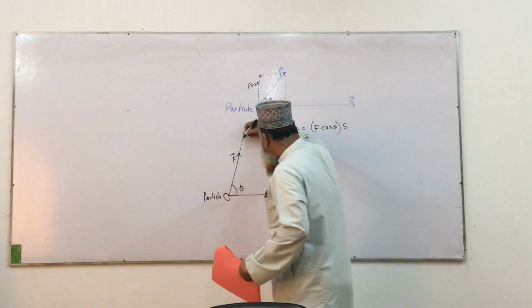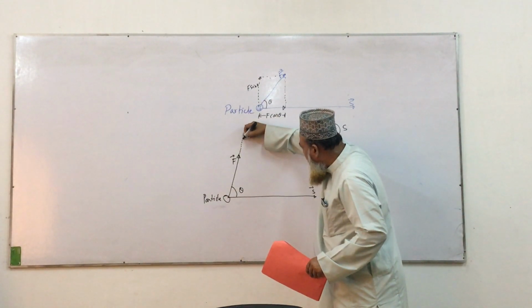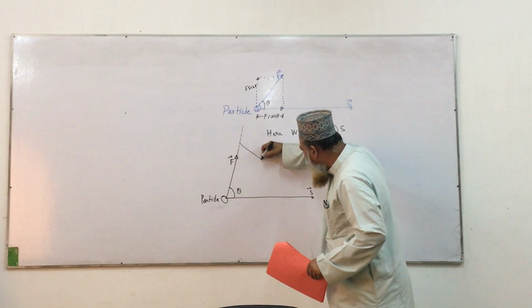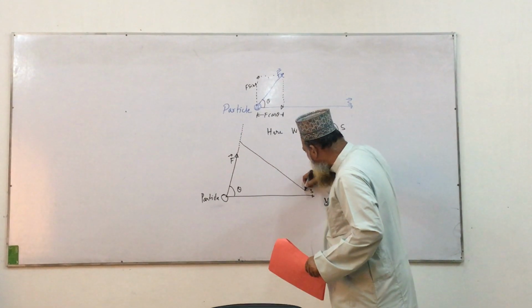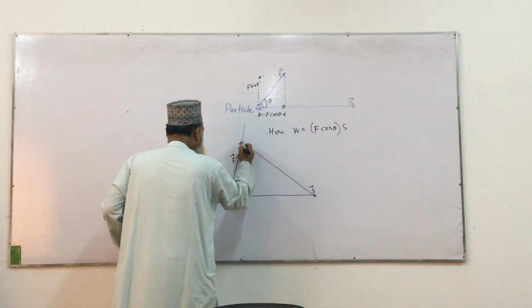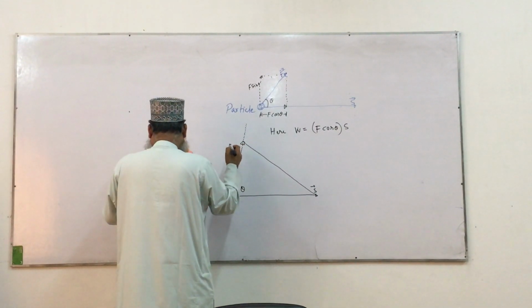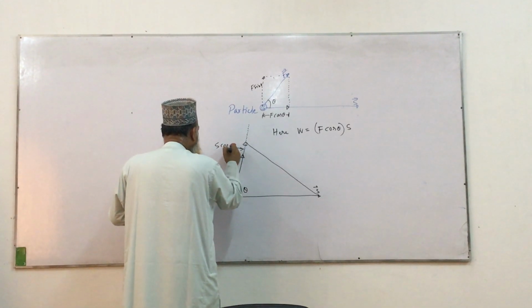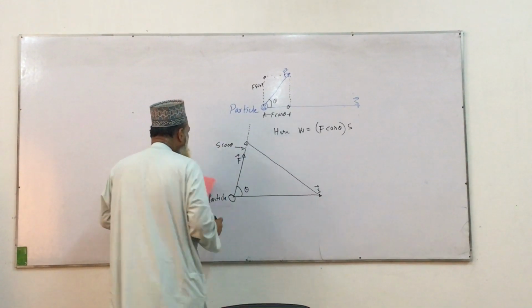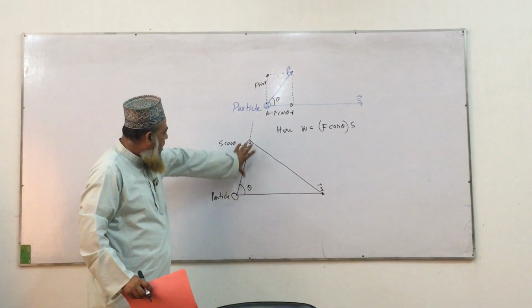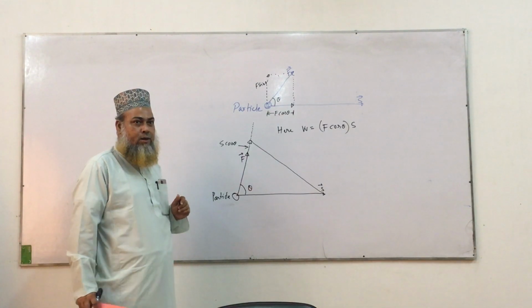And then I draw a 90 degree line here up to here. So this will be S cos theta. Right? Up to this is F, up to this is S cos theta.